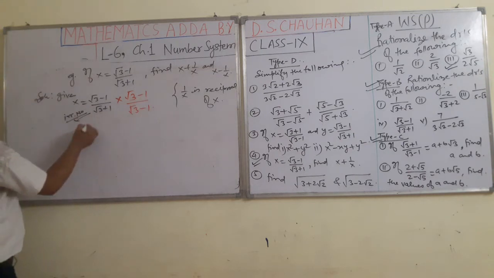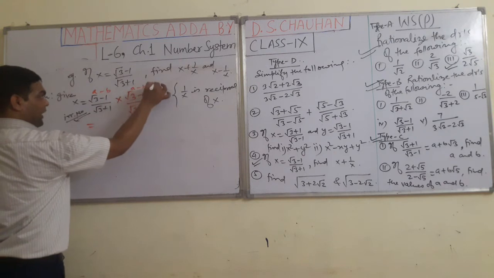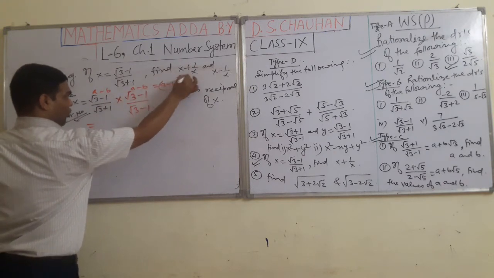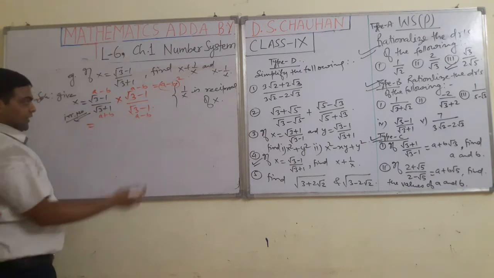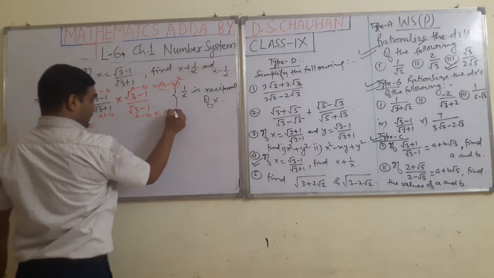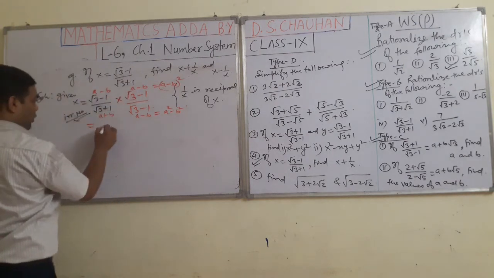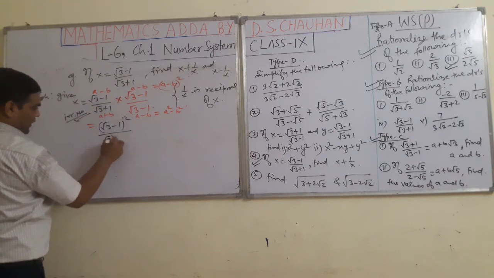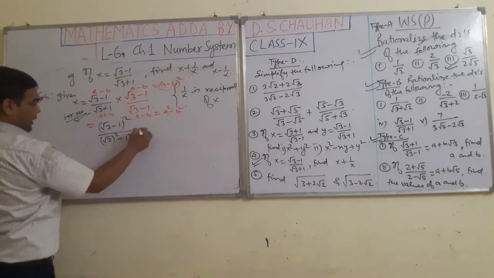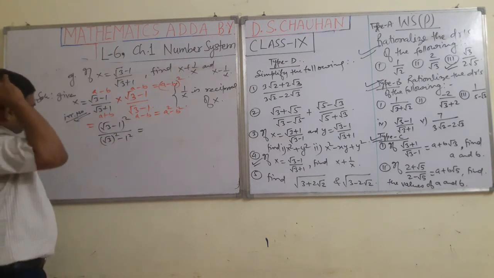Now simplify, what will you get? Here in the numerator you get (a minus b) to the whole square, and in the denominator (a plus b)(a minus b). I am writing it repeatedly because it is important for practice. So (root 3 minus 1) whole square upon root 3 square minus 1 square. (a minus b) whole square, you know the formula: a square plus b square minus 2ab.